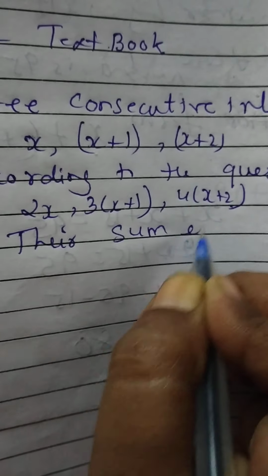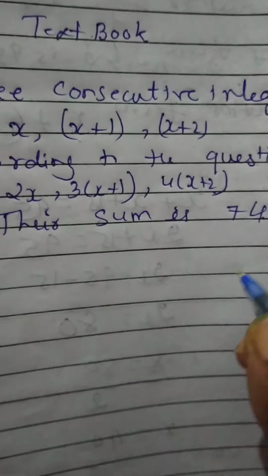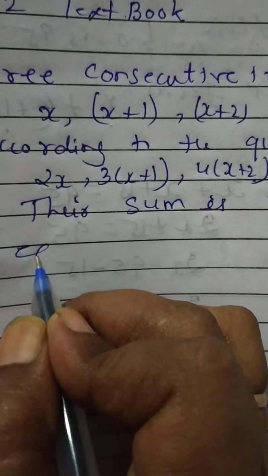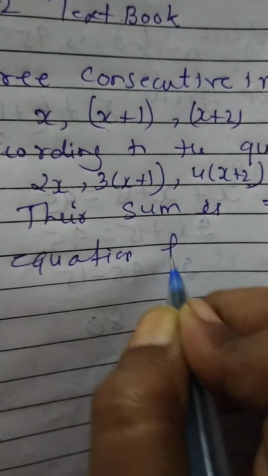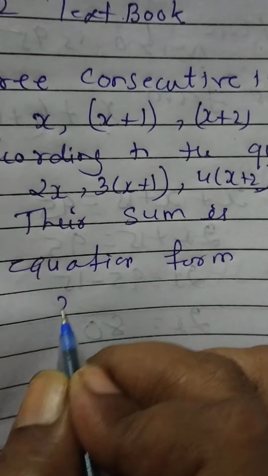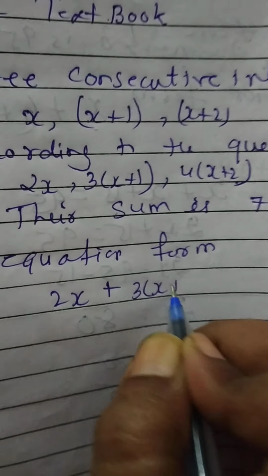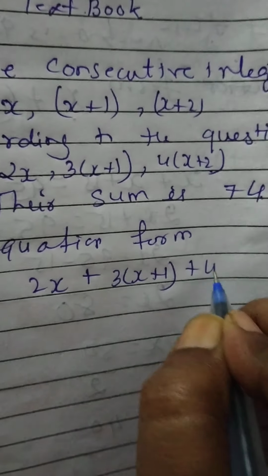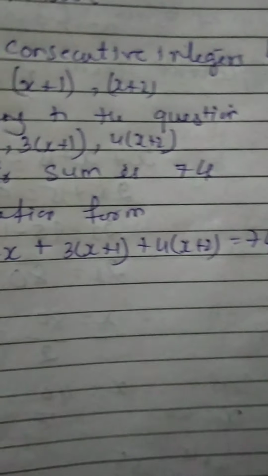Their sum is 74. So in equation form: 2x plus 3 into (x plus 1) plus 4 into (x plus 2) is equal to 74.